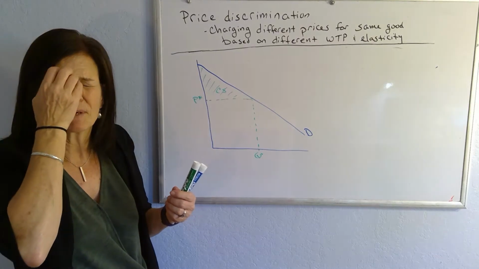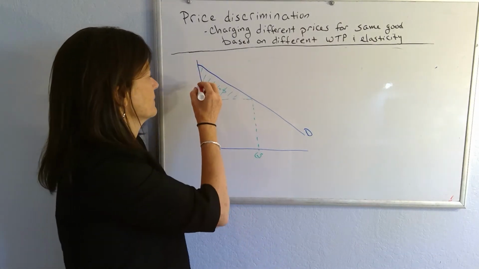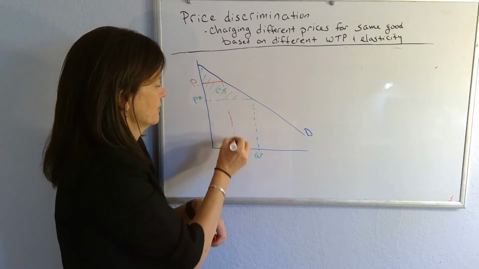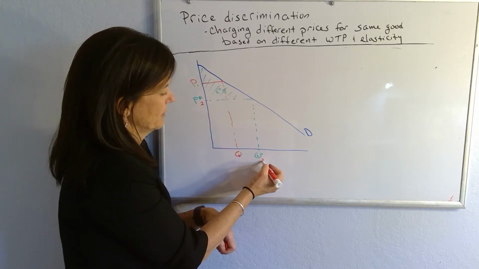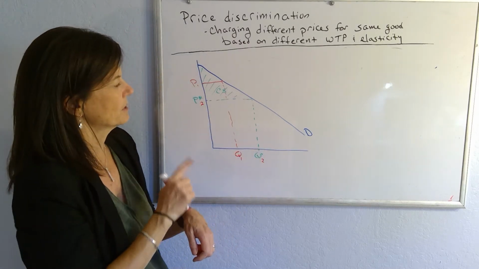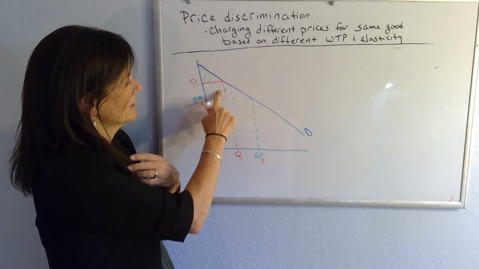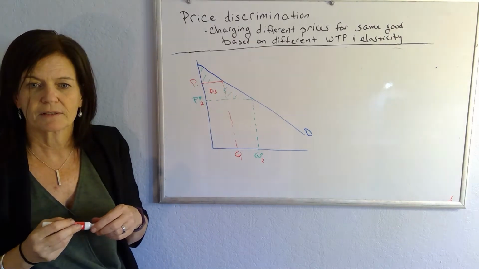I may not be able to charge people's maximum willingness to pay, but what if I just charged P1 for the first Q1 units and then dropped my price to P2 for the units from Q1 to Q2? I wouldn't extract all of that consumer surplus, but I would take all of that area and turn it into producer surplus.